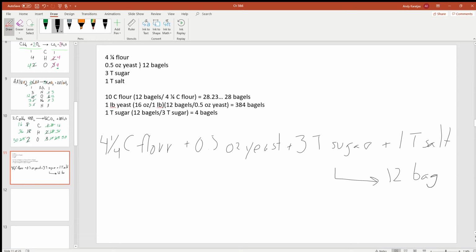And now it looks largely like a chemical equation. We've got our starting materials, our starting ingredients on the left side, and our product, or the item we're trying to make, on the right side.